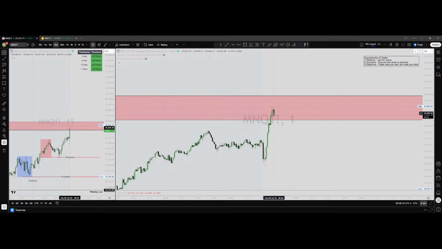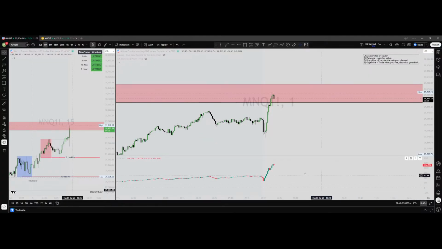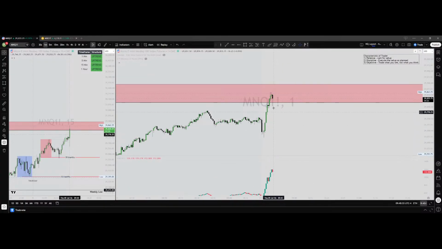I'm not looking for shorts, even if price gives us a good signal right now and goes all the way down. I'm not looking for shorts, even if this is a 4 hour fair value gap. Because we have a level of interest as the 4 hour fair value gap, but CVD is not supporting. CVD is bullish. Current 4 hour trend is bullish as well.